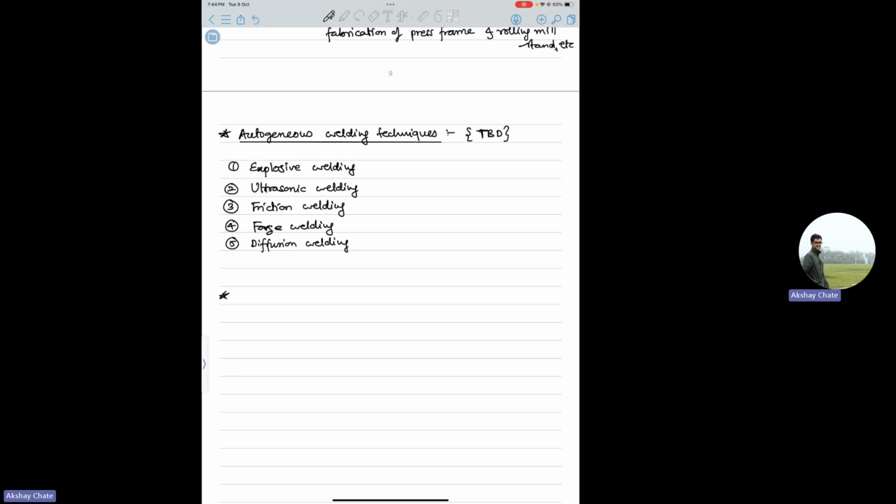Then you have solid-liquid state welding. Here there are three categories: brazing, soldering, and something called braze welding.